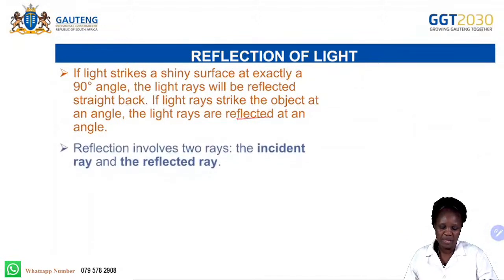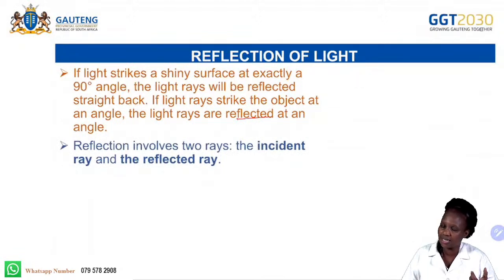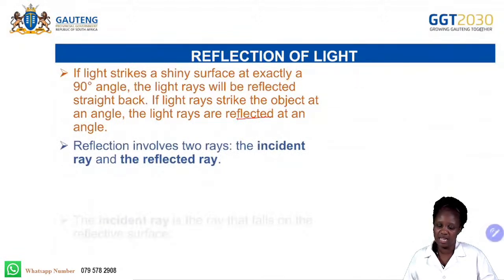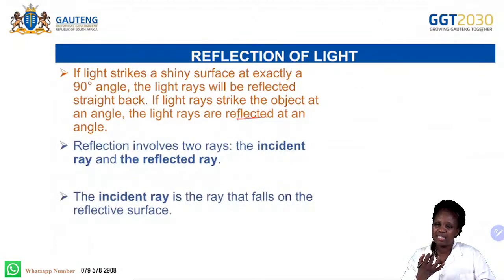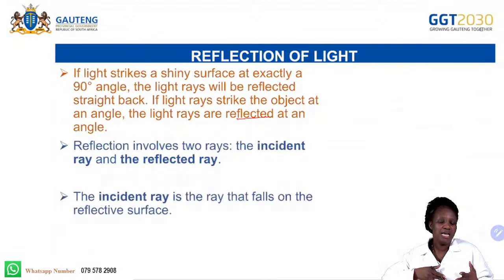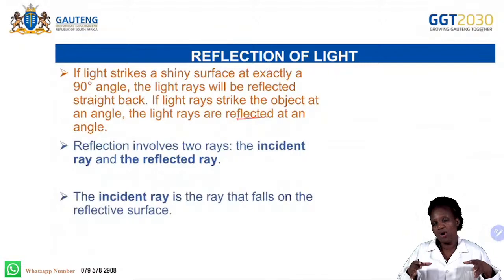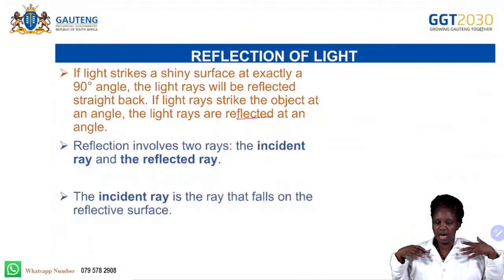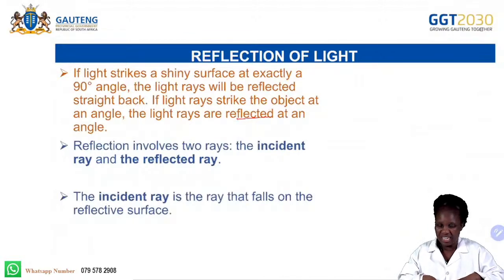All right. And then reflection involves two rays, that is the incident ray and the reflected ray. When I'm talking about the incident ray, this is the ray that is incoming. And what about the reflected ray? This is the outgoing ray. When we're talking about incident ray, we're talking about the rays that are coming in to a surface.